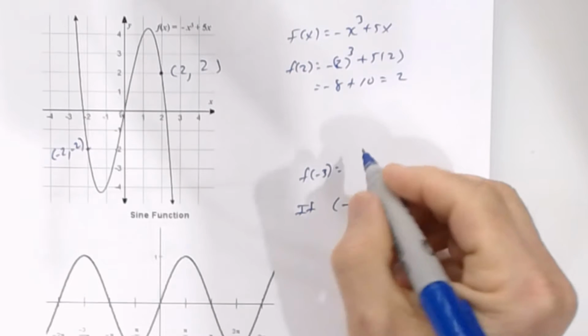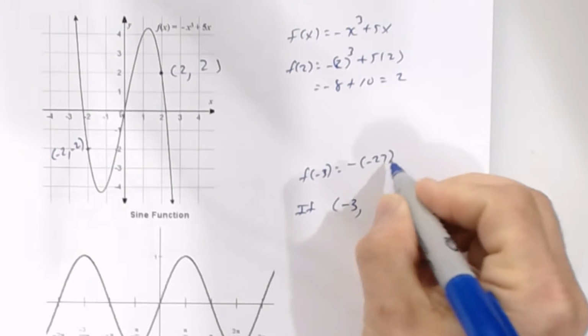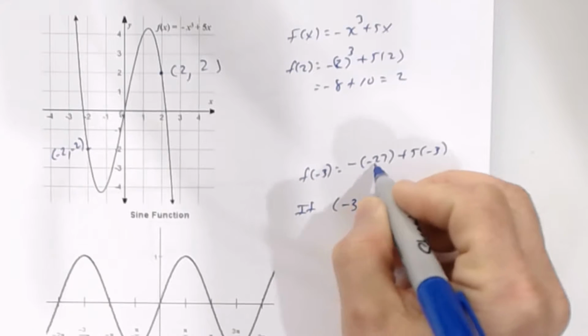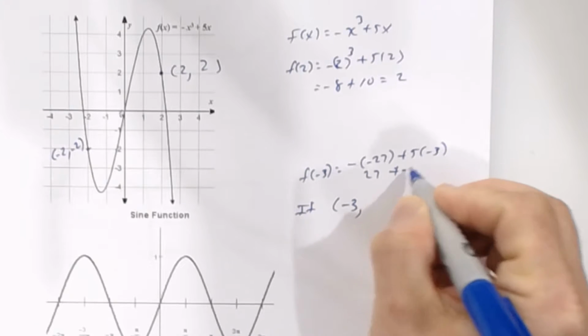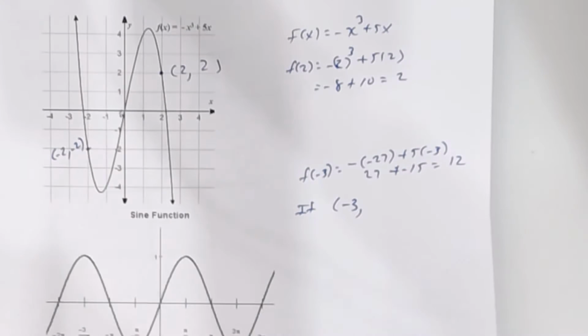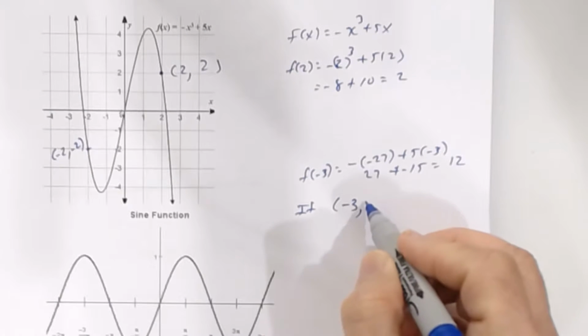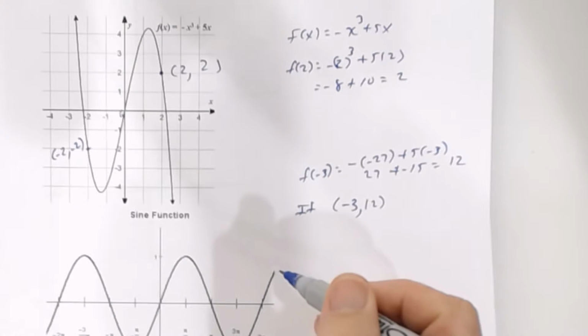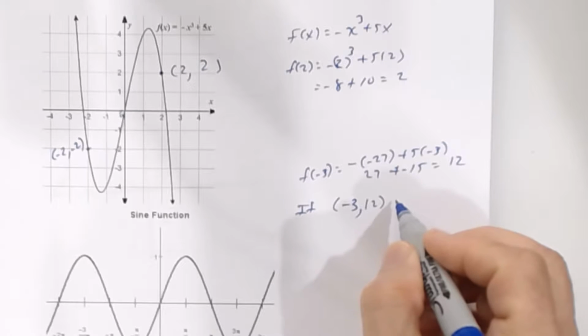So that becomes negative 27 plus 5 times negative 3, correct? So that becomes a negative 27 plus a negative 15, which is what? Negative 12? Is that right? So if the point negative 3, 12 is on this graph, then what other point needs to be on that graph? 3, negative 12.